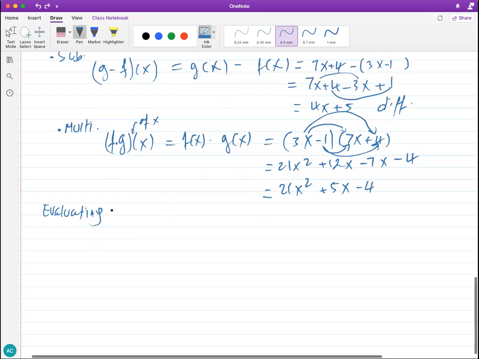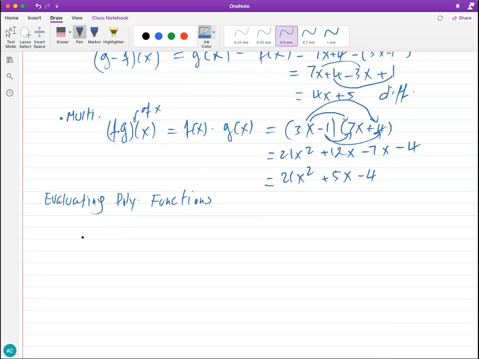Evaluating, let's say, polynomial functions. Sometimes, let's say f plus g. Let's take a couple of functions here.